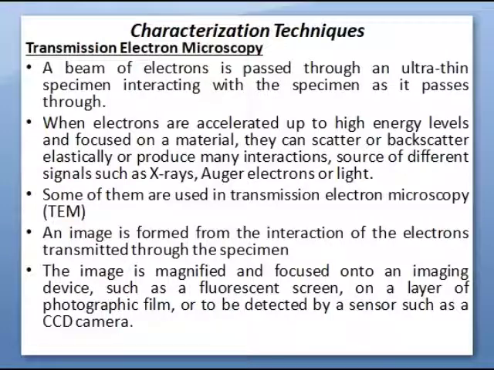Some of them are used in the transmission electron microscope. So an image is formed from the interaction of electrons transmitted through the specimen. This image is transferred or detected by a sensor such as a CCD camera or a photographic film, which will record the image of the enhanced sample.